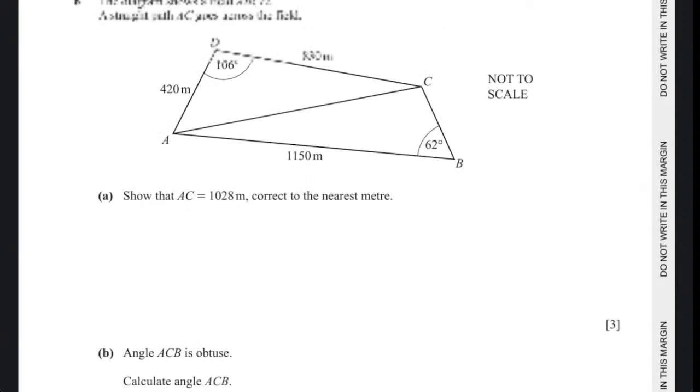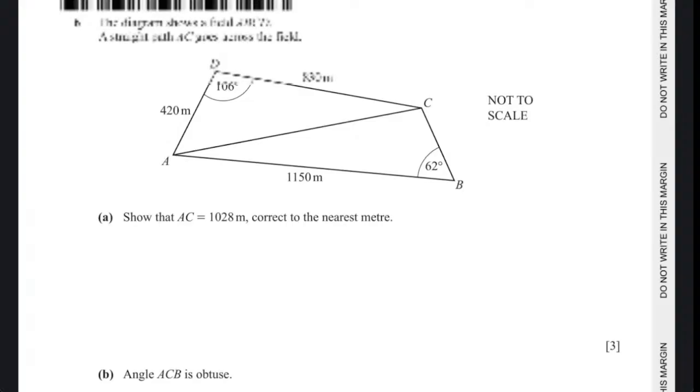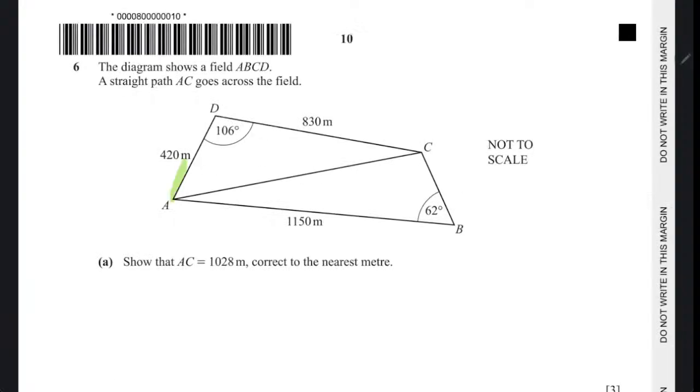We come here. They say the field is called ACD. So we go to ACD. Now, class, we need to find area of this triangle here. How many types of triangles do we meet when we are doing area of triangles? 3 types.